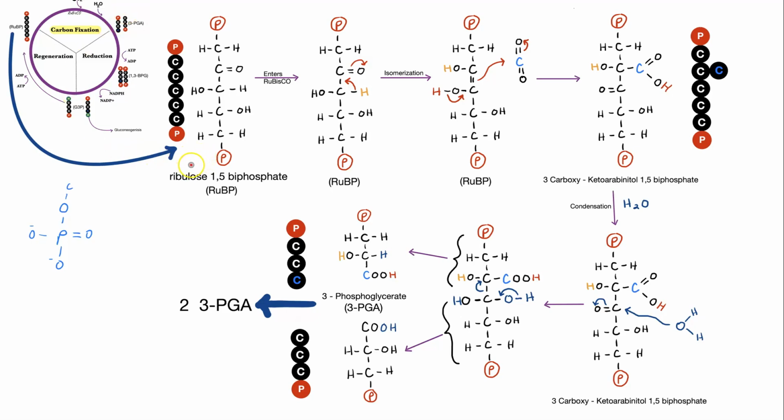All right, so 3-PGA is a short name for 3-phosphoglycerate, okay? And now we have our 3-carbon fragments. We have two of them, okay? And we're done with carbon fixation. Notice we're keeping track of where that carbon came into this system. And that's again the end of fixation here, all right?